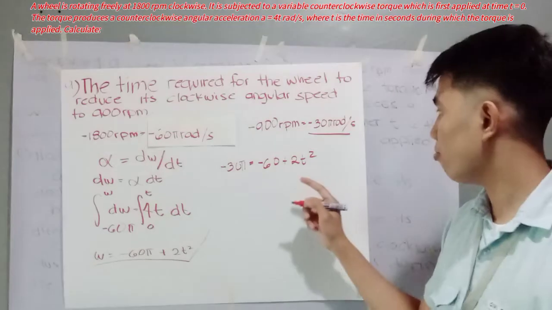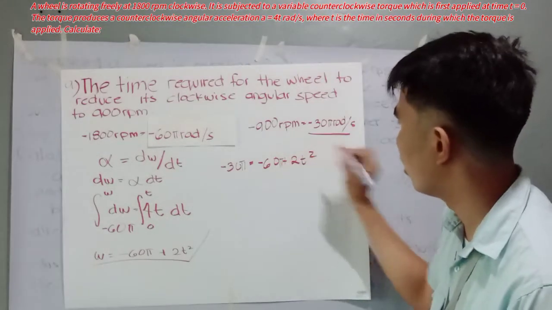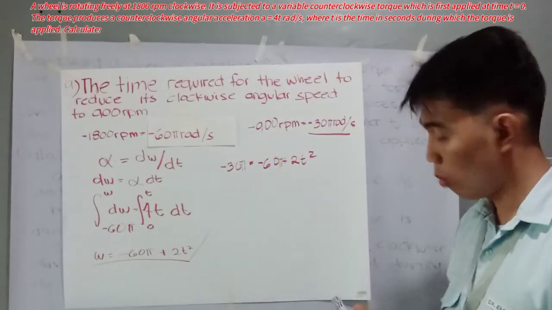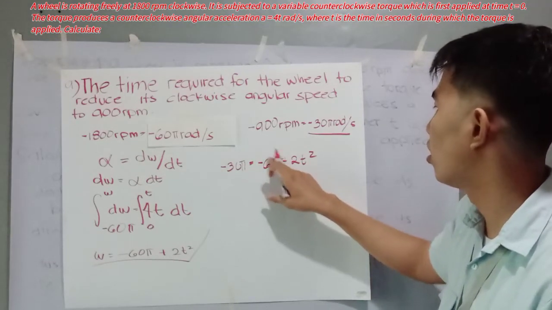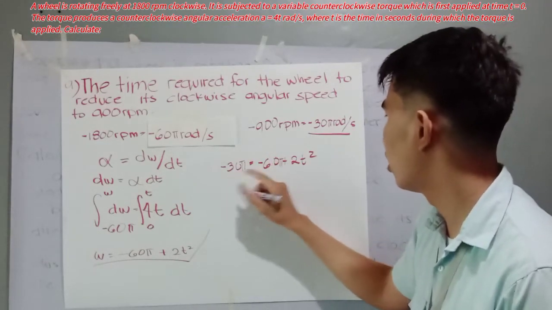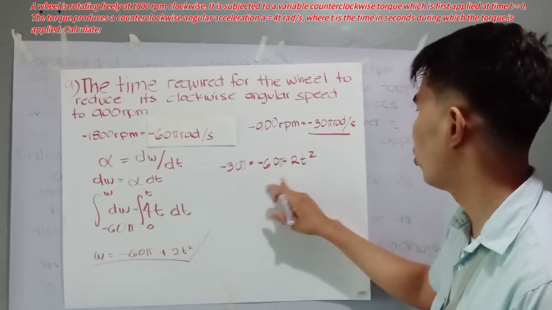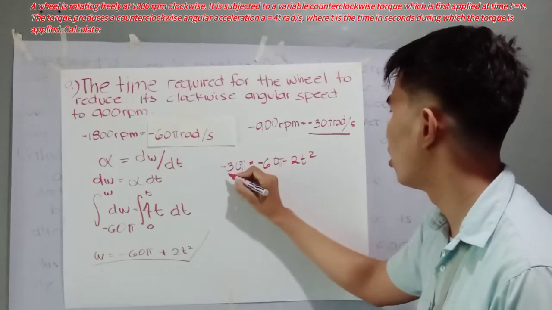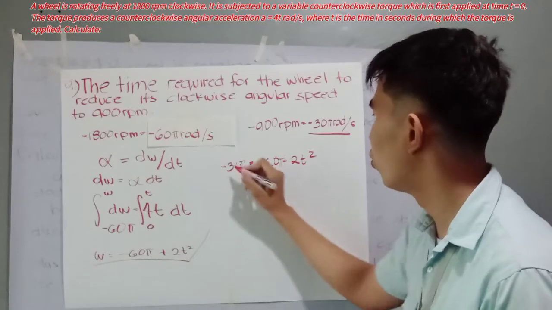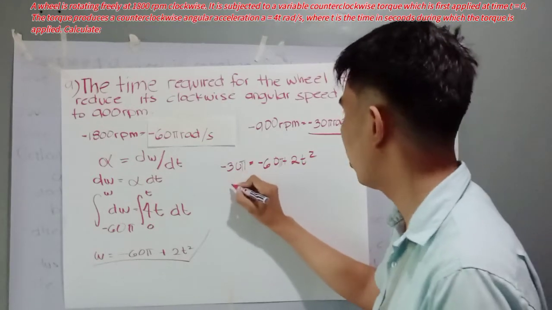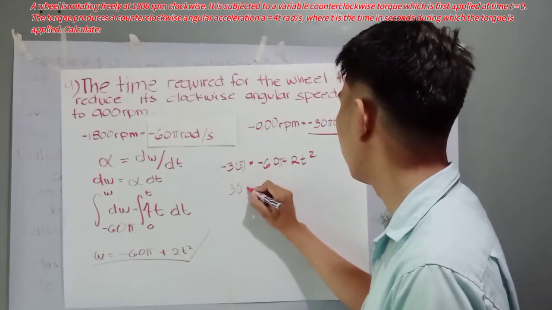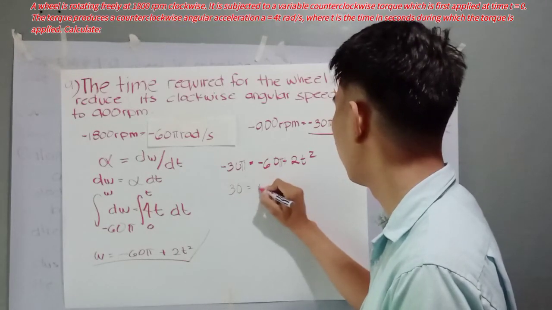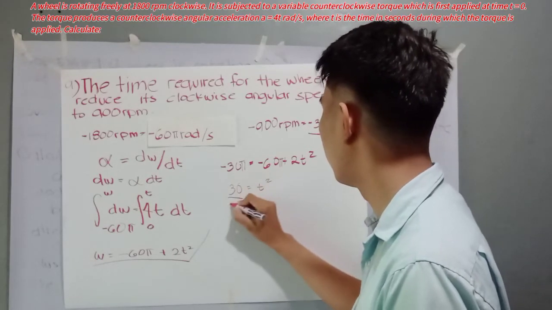So let's solve the equation. Negative 30 pi plus 60 pi becomes 30 pi, which is equal to 2t squared. Dividing both sides by 2, we get 15 pi equals t squared.